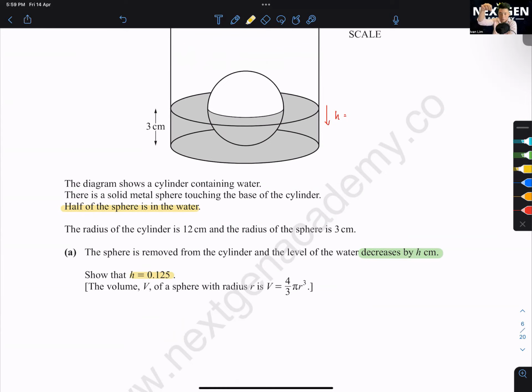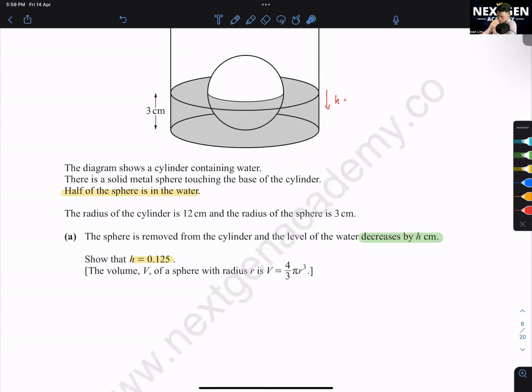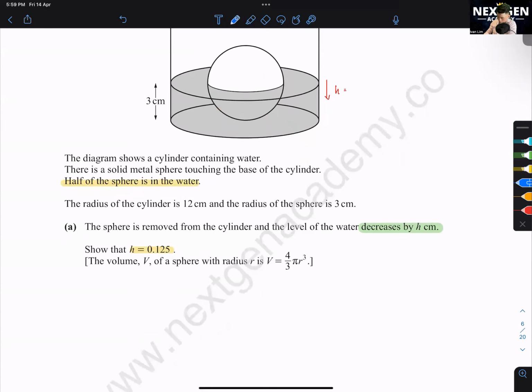That means you take out the sphere, right? What is the volume here actually? So we write like this: V, volume of cylinder, because we want to find here. Imagine this is the cylinder, and the height that went down equals the volume of half a sphere, hemisphere.